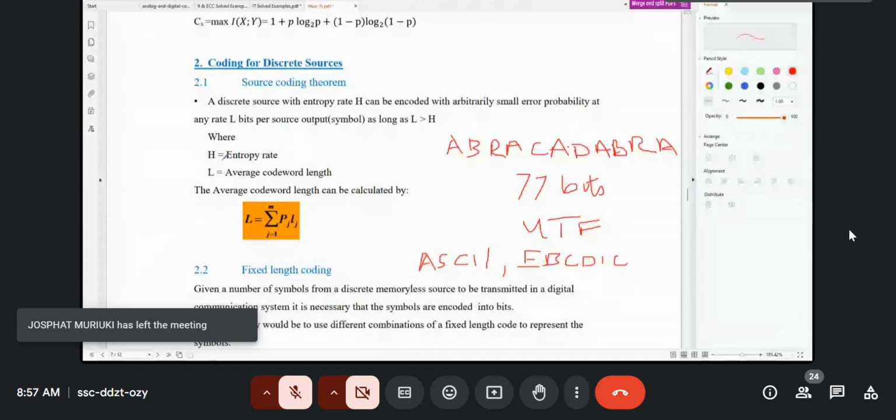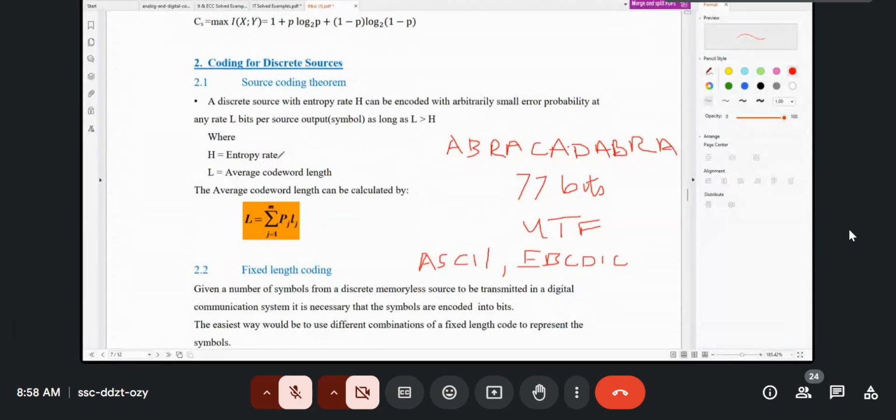So where H is entropy rate, you see, you're calling it rate because it's an average, and L is the average code word length, and is given by this. Some may have length 1, some may have length 2, some may have length 4, where the length means the number of bits you have encoded that in.